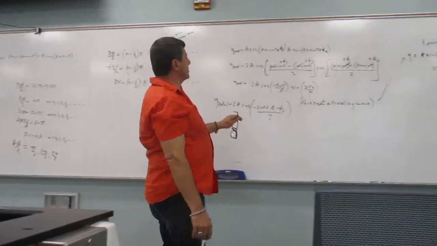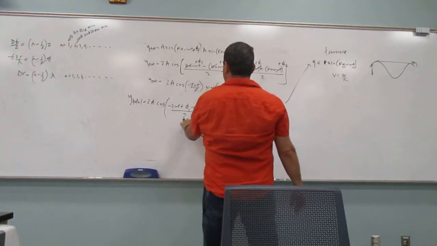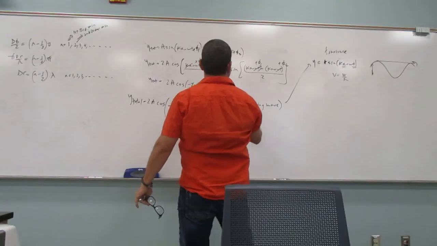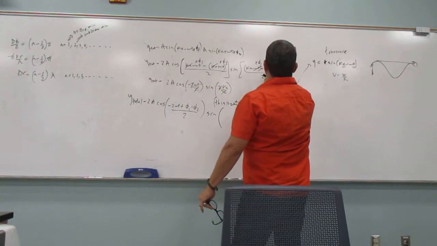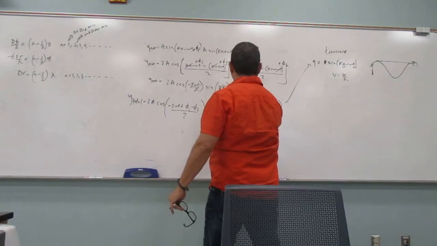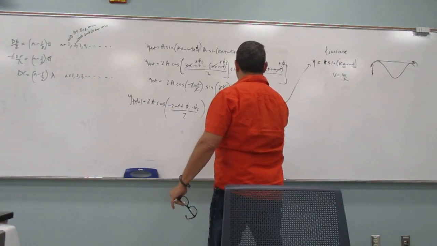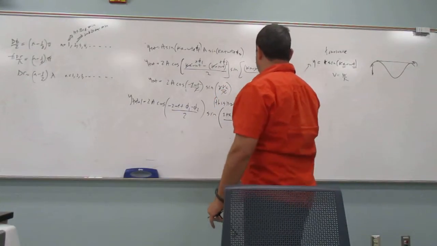Okay, so here then you're going to have your phi 1 minus phi 2 over 2. And then it's going to be your sine of 2kx plus phi 1 plus phi 2 over 2. Is that going to change a lot?